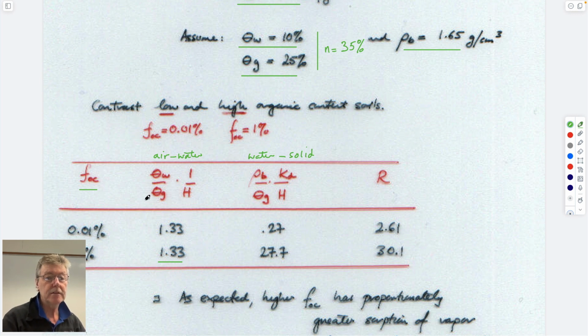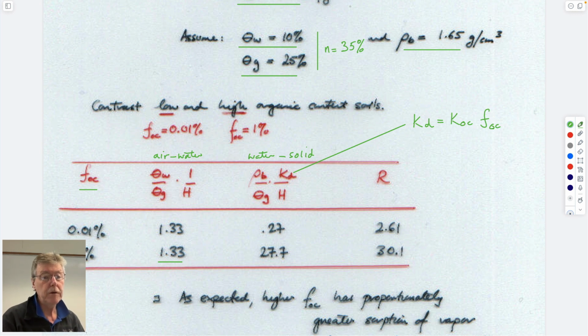If you calculate KD, it is equal to the organic carbon partition coefficient times the fraction of organic carbon, assuming that all the partitioning or sorption is on the carbon in the soil.